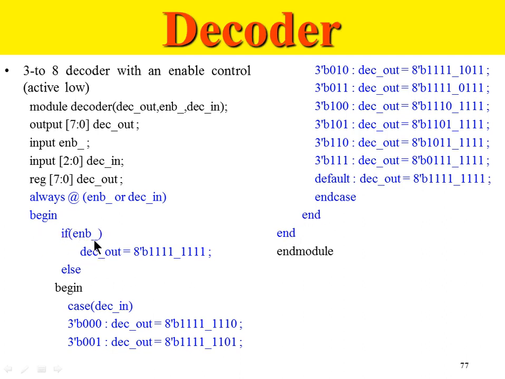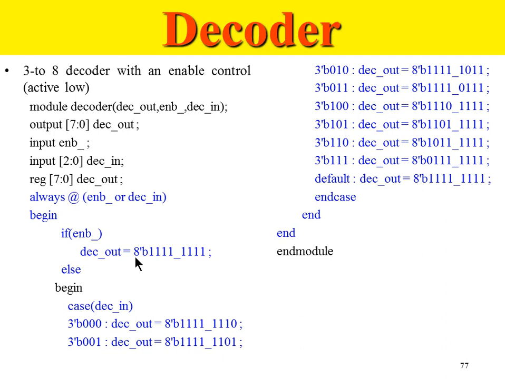We can add a begin and end here just to make a habit of it. Those are two improvements for better practice right from the start. Apart from that, this implements a 3-to-8 decoder for us.